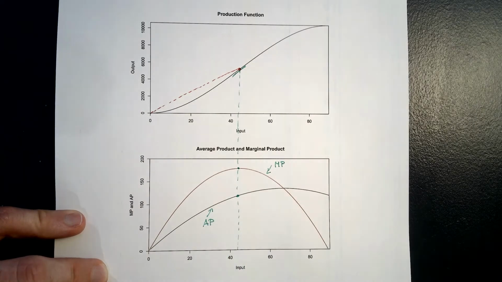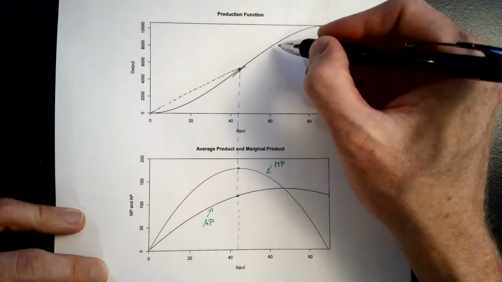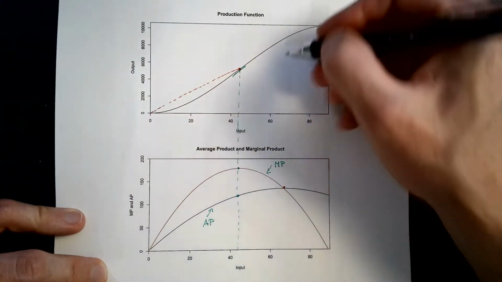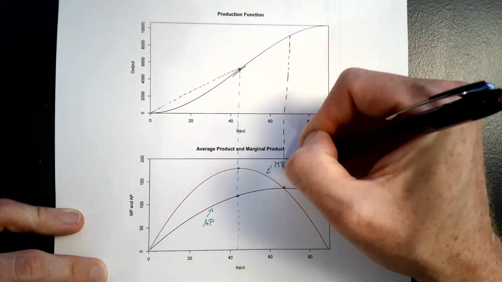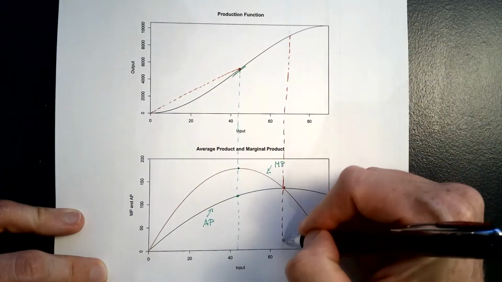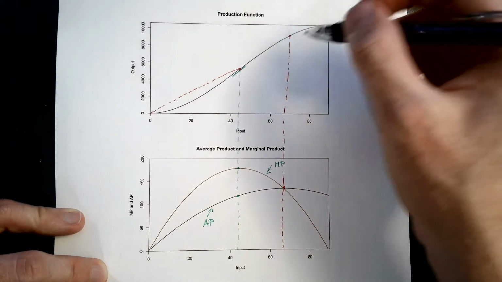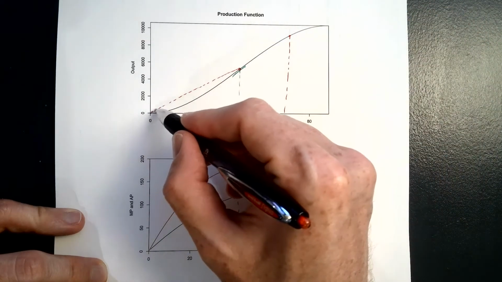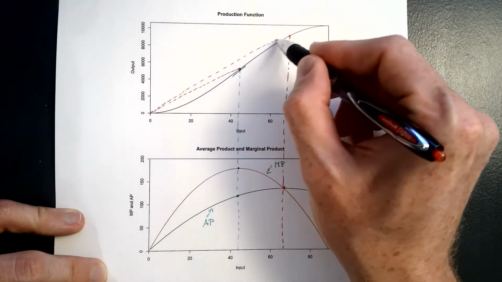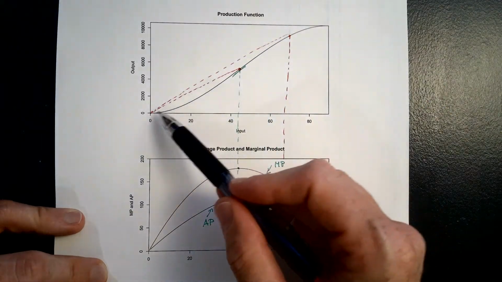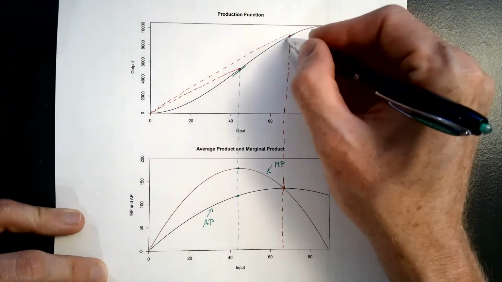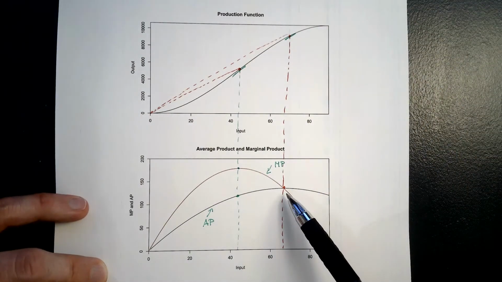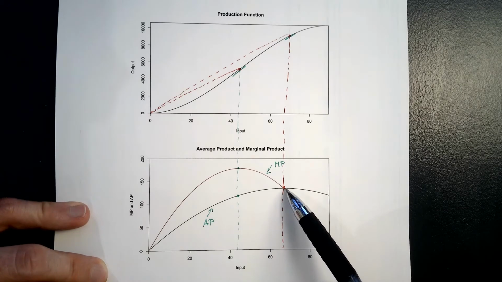Okay? And note that at this point here, let me mark this in the graph. This is the point where, if you connect it to the origin, the slope of the connecting line is the same as the slope of the production function. And hence, at this point, marginal product and average product are the same.